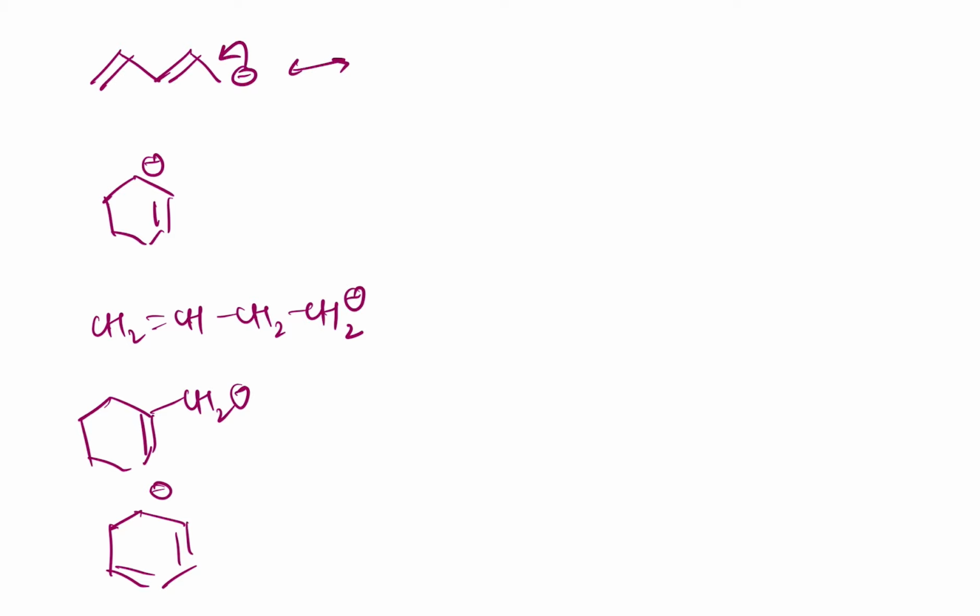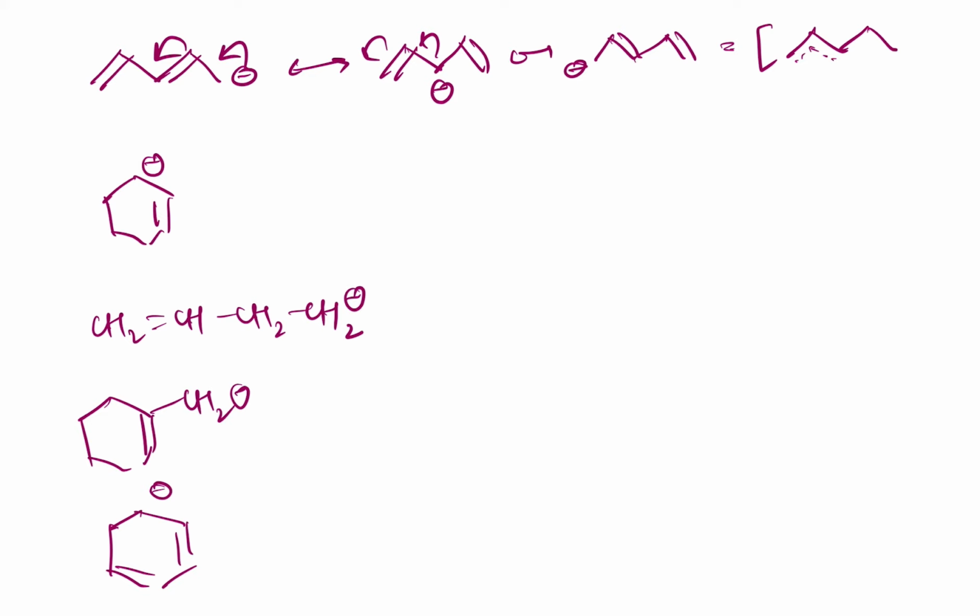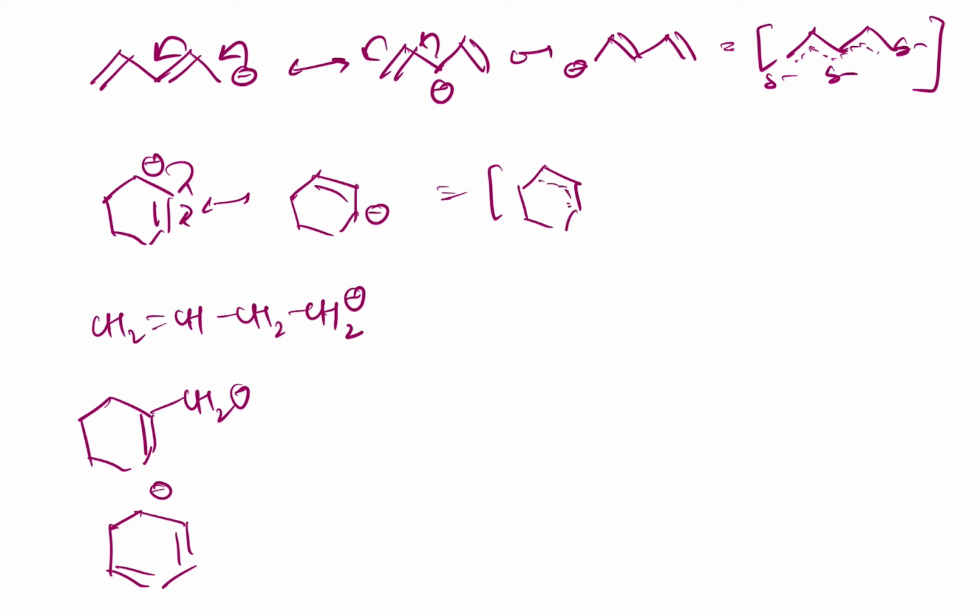This negative will go here and it will go here, so it will form a negative over here. It will go here, it will go here, so it will form a negative over here. So the resonating hybrid will look like a partial double bond with delta negative and delta negative. It will go over here and it will go over here. Negative. So how will the resonance hybrid look? Delta negative, delta negative. Here delta negative means minus 1 by 3. Here delta negative means minus 1 by 2 charge. How partial? It is negative 1 by 2.